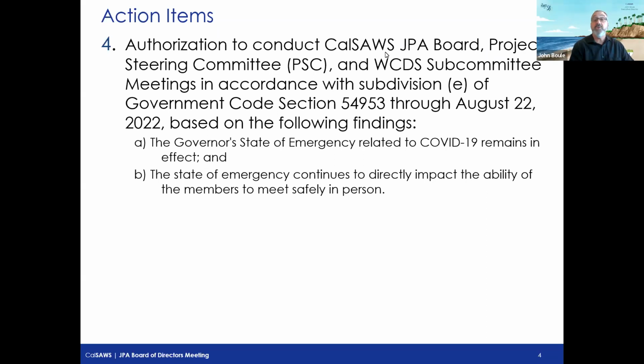Very good. So our first item is the authorization. We're seeking JPA board approval to conduct all of our public meetings, JPA board, project steering committee, WCDS subcommittee, in accordance with the governor's state emergency related COVID-19 orders that remain in effect. And this is a month by month item. Just so you know, CMS also extended the public health emergency to October.